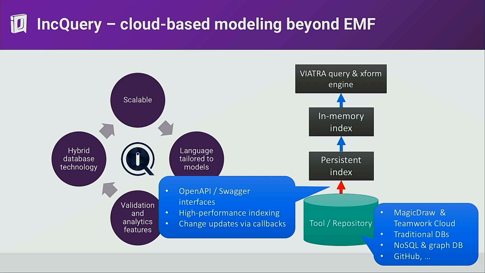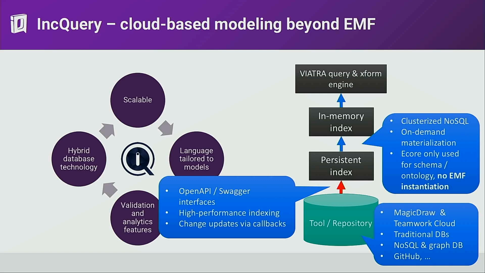And based on this access layer, it builds a persistent index into its own database, which is based on a cloud-based clusterized database technology, from which it can instantiate in-memory shards on demand whenever there is a need, either from the user side or a tool side, or a particular workload necessitates this.